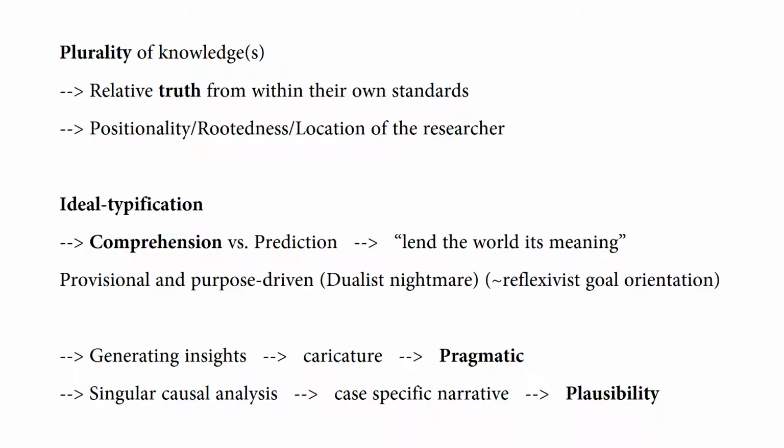So moving on to this notion of plurality of knowledge, or knowledge, which is already a weird word, monism can also at the same time entertain the notion of relative truth, or relative truths of different sets of knowledge.